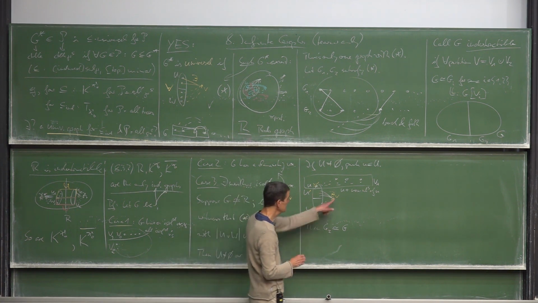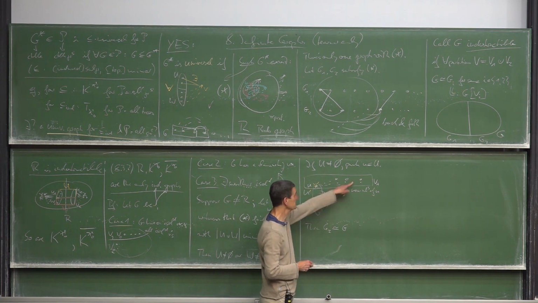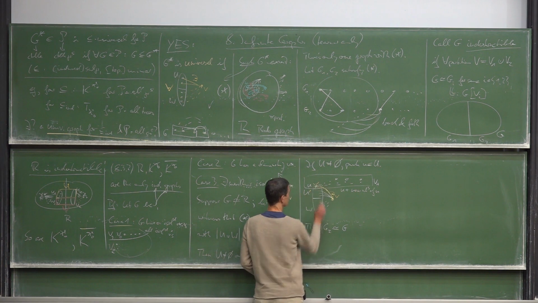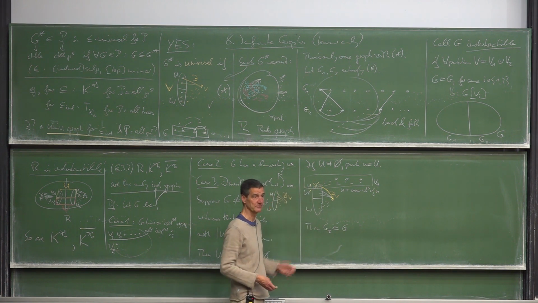But this little v is also joined to u, because if it wasn't, it would be sitting up there. That's all the non-neighbors, right? So v does exist for the original U and W, and that's a contradiction to our assumption.